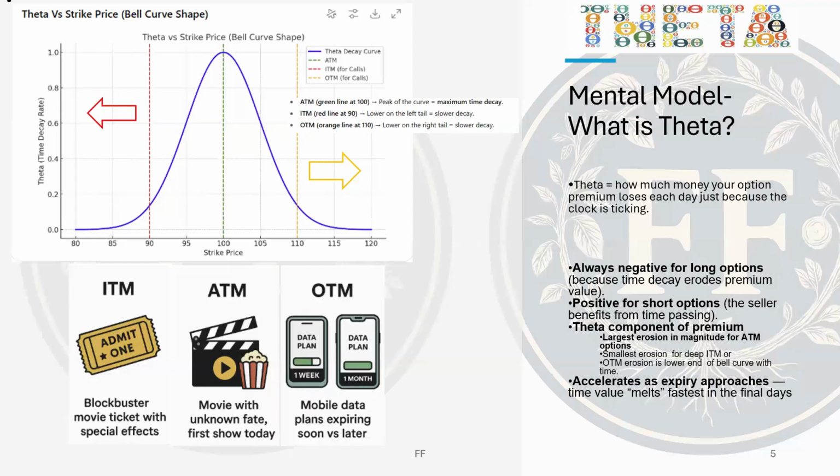Now let us look at an example or a mental model for in the money. Assume that it is a movie or a concert ticket of somebody who is very eminent and popular, and the track records are phenomenal. And we have this ticket which is, say, 60 days in advance.